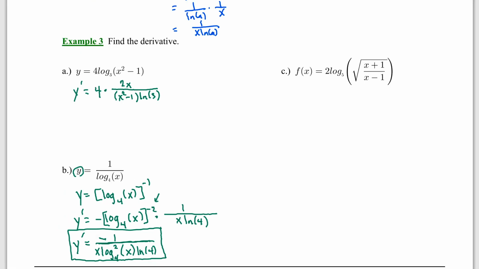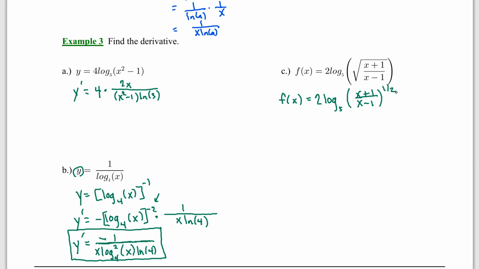Now, one last example here. f of x looks kind of complicated, but we know that we can use properties of logarithms to simplify before differentiating. So I'm not differentiating. I'm going to write my function f of x, and I'm going to rewrite that radical, that square root inside the argument, as a 1/2 exponent.